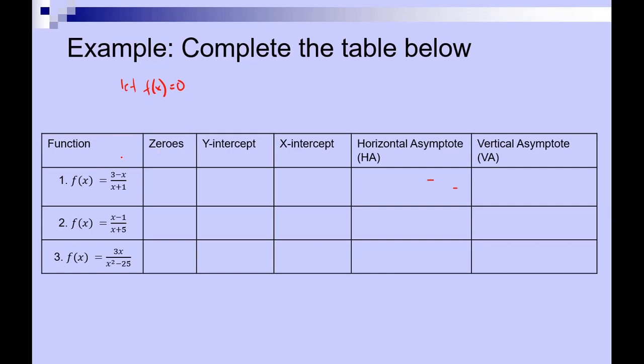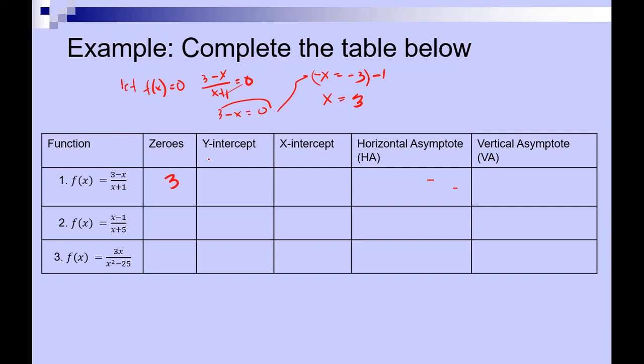So, it becomes 3 minus x over x plus 1 is equal to 0. Or we will have 3 minus x is equal to 0. And then transposing, x is equal to negative 3. We cannot leave it negative, so we multiply by negative 1, and x is equal to positive 3. So the answer for the zeros is positive 3.